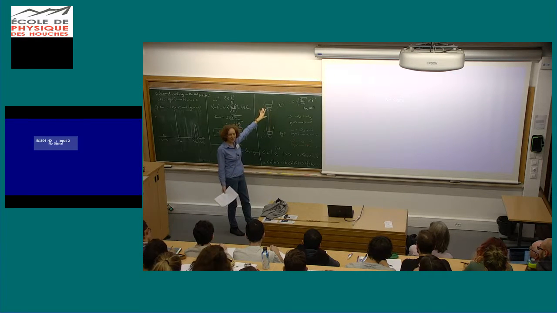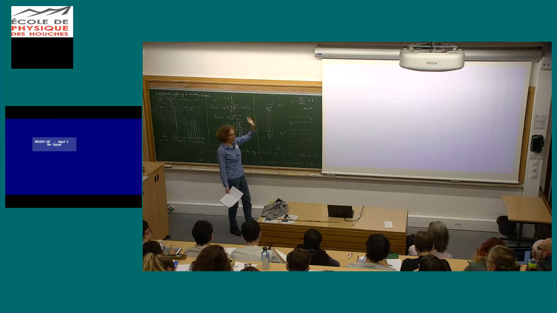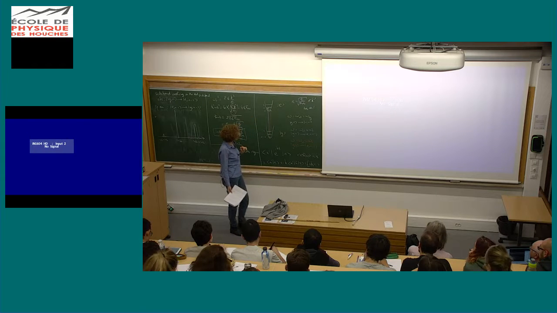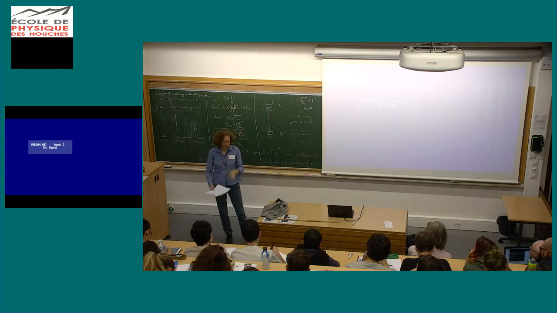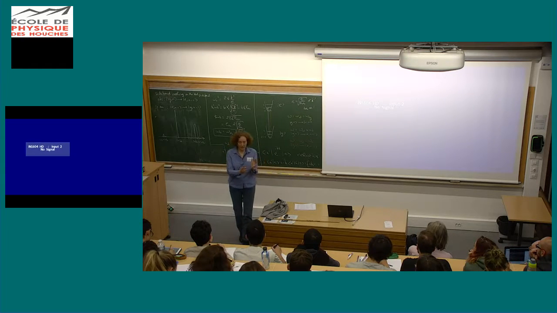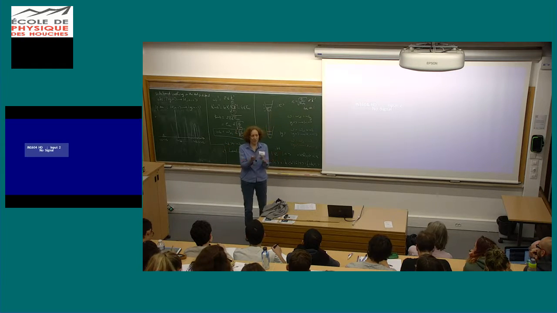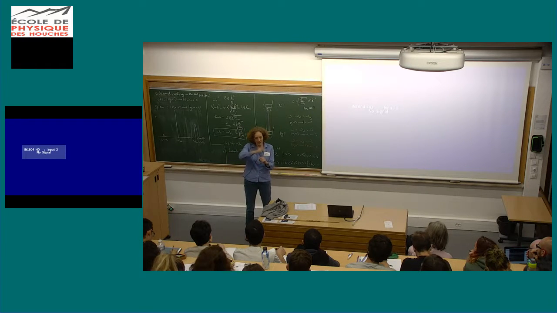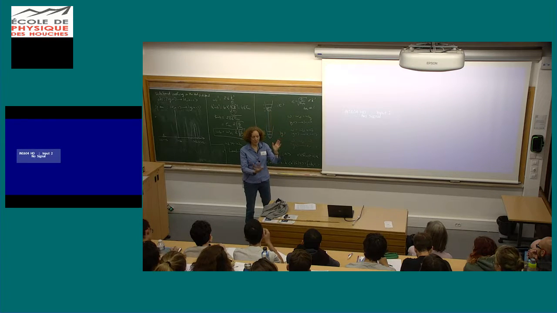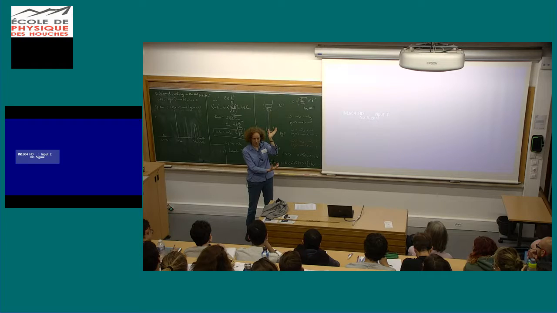So the trap is more or less independent. The trap catches the charge of the ion, which is the same in the excited state and in the ground state. But for atoms in general, if you remember the lectures by Philippe, I don't know if he discussed that, but if you try, for example, to have a dipole trap, the potential you will have in the ground state is something, but in the dressed atom picture, the potential in the excited state is just the opposite. So it's not the situation I have drawn where I want to have the same potential in the excited state and in the ground state.